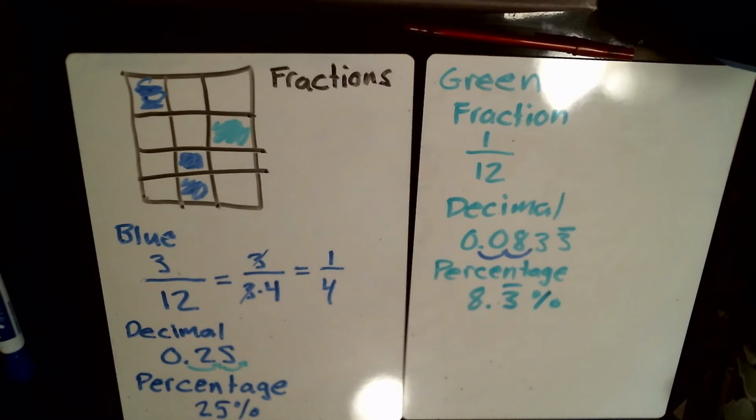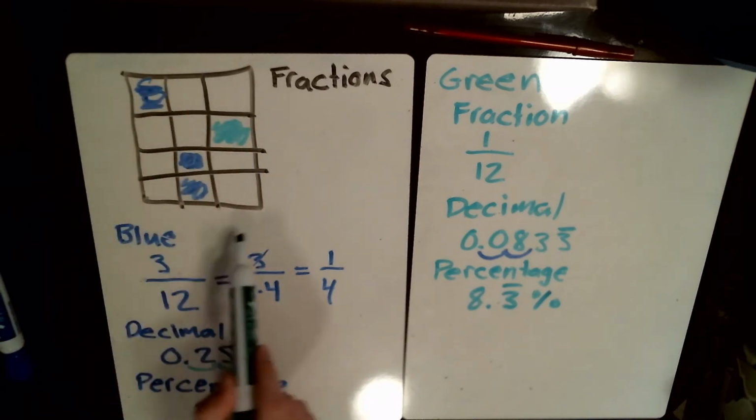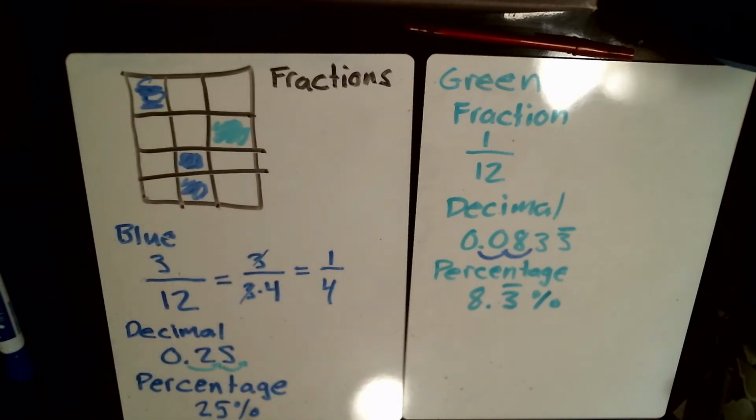Okay, 8.3333%. Now all three of these things mean the exact same number. They mean the exact same portion of this rectangle. They're just different ways of representing the same thing, but they all represent parts of a whole, right? They're the same part of this rectangle whole.